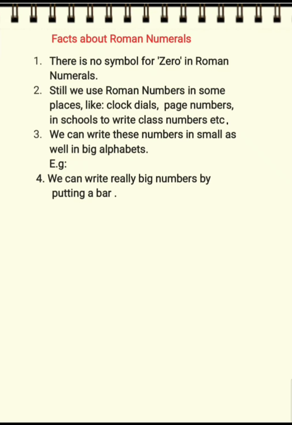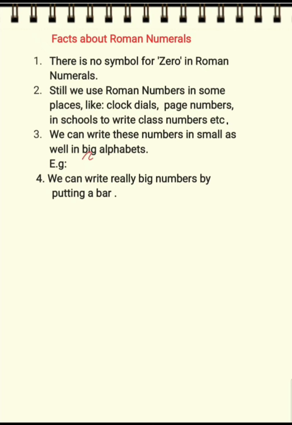Some facts about Roman numbers. There is no symbol for 0 in Roman numbers. That's why calculations are very, very tough in Roman numbers. Still we use Roman numbers in some places like clock dials, page numbers, in schools to write class numbers, etc. We can write these numbers in small as well as in big alphabets.